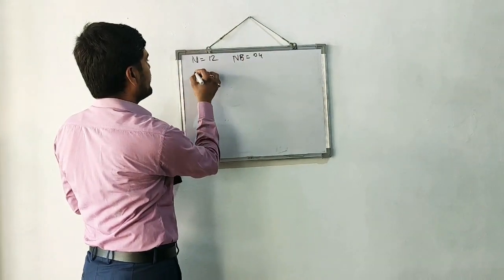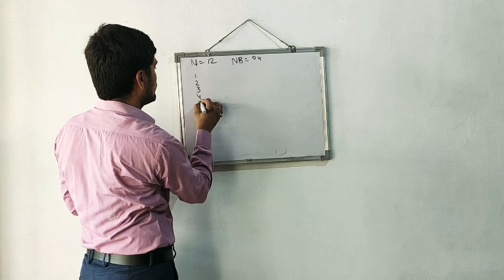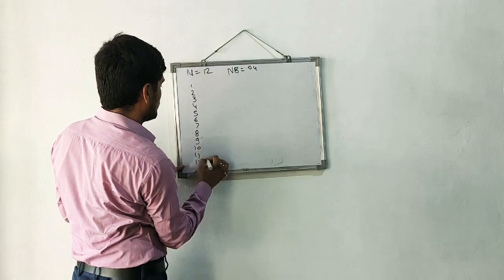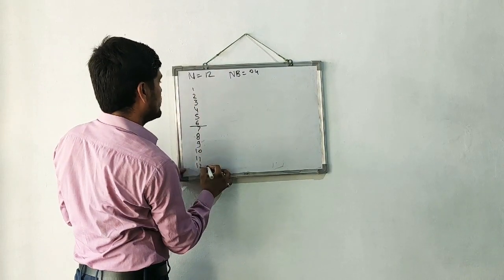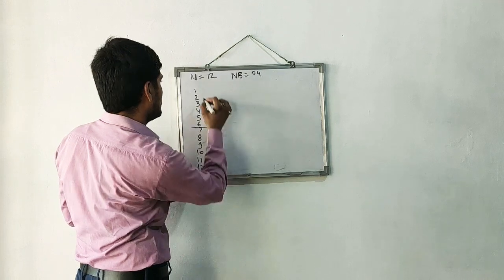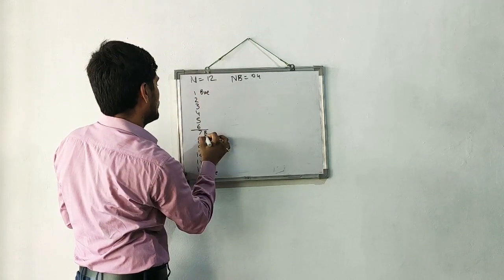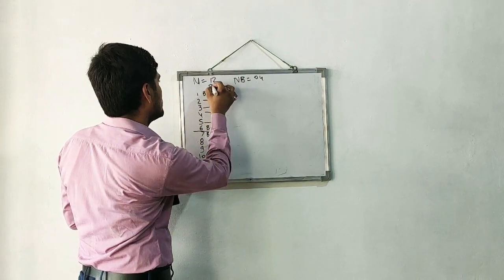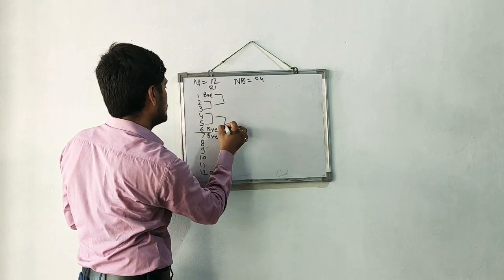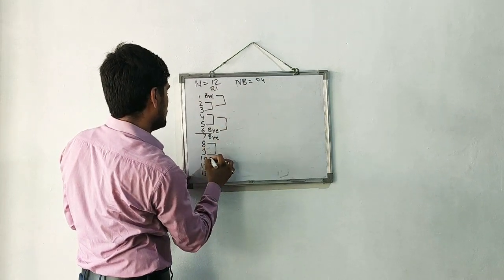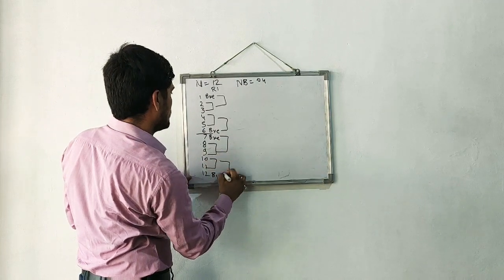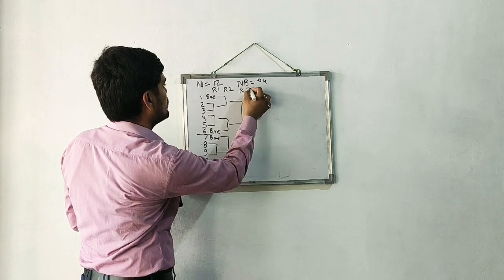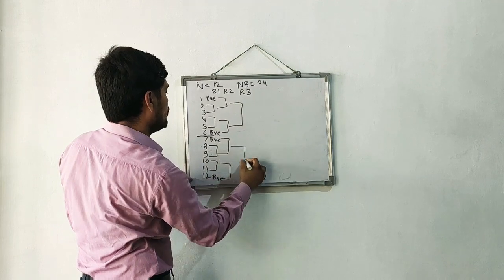Make it 12 divided by 6, 4 byes, 1, 2, 3 and 4. Round 1, round 2, then round 3. Here you got 4 teams.